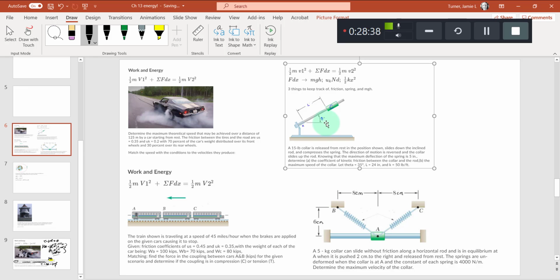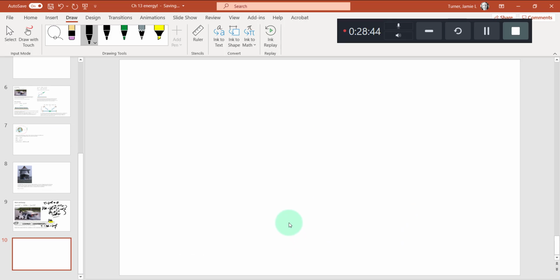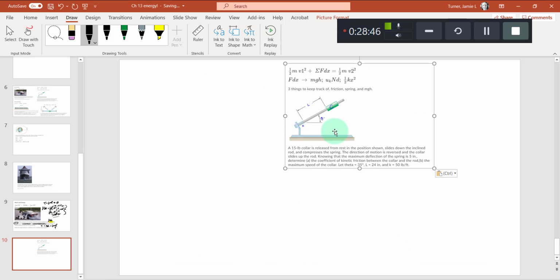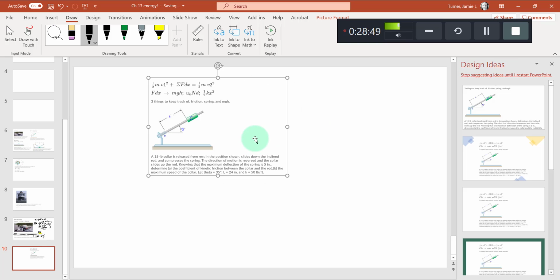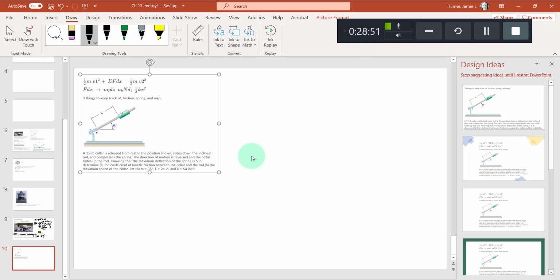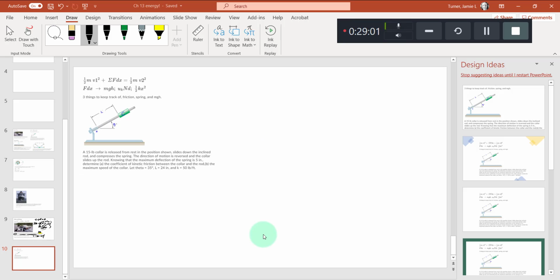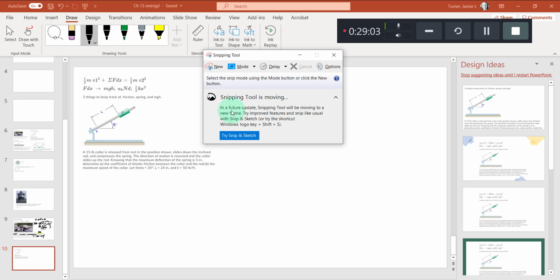Let's see, for springs, it's going to be a slightly different force through a distance. And this is where we have something happening with MGH. We also have a spring being compressed. So it starts to be a good idea to walk through multiple pictures of what is going on.